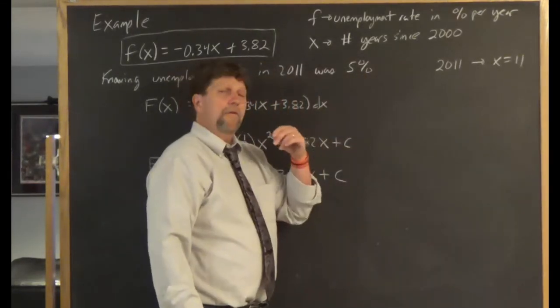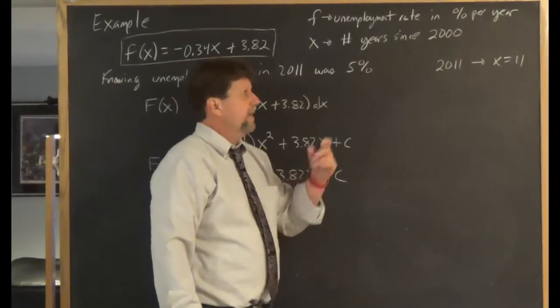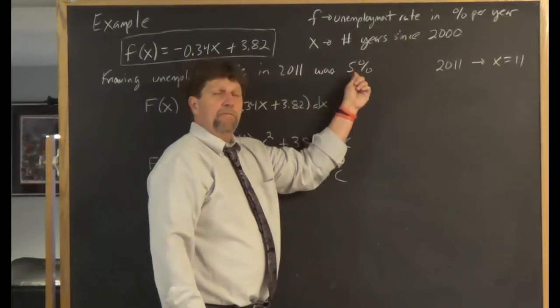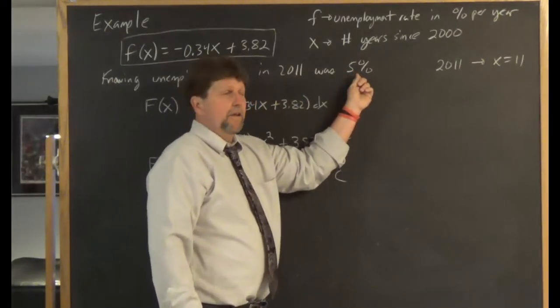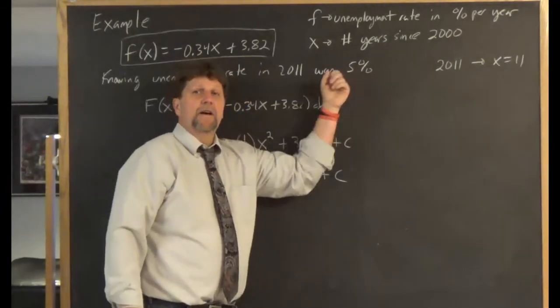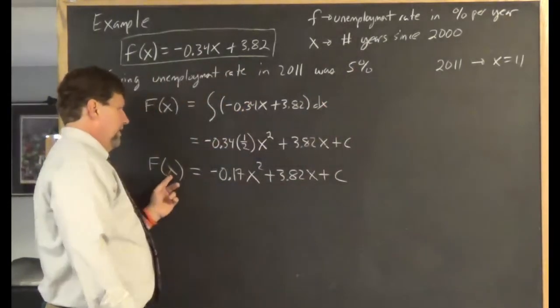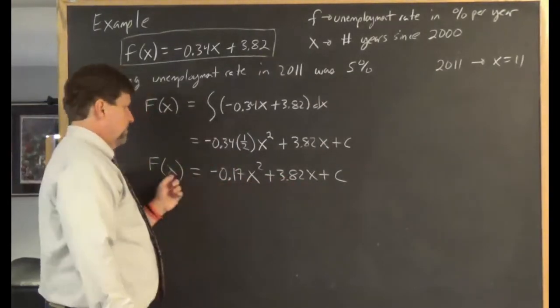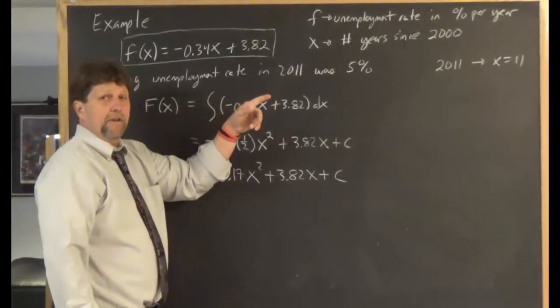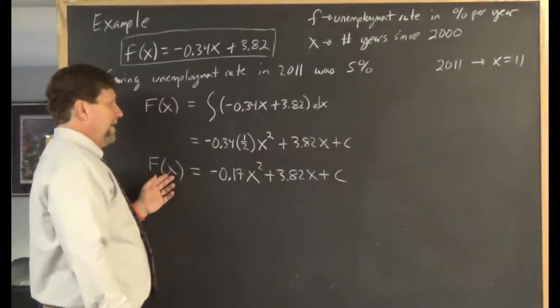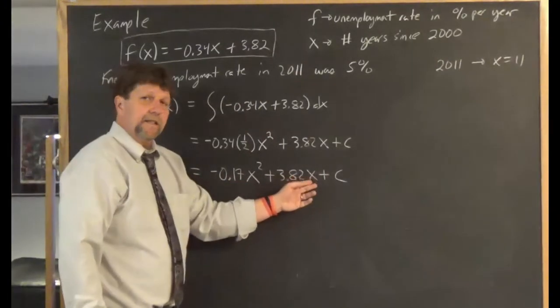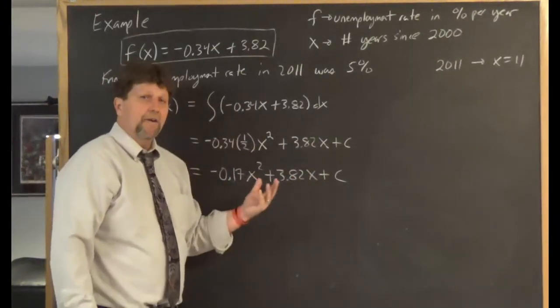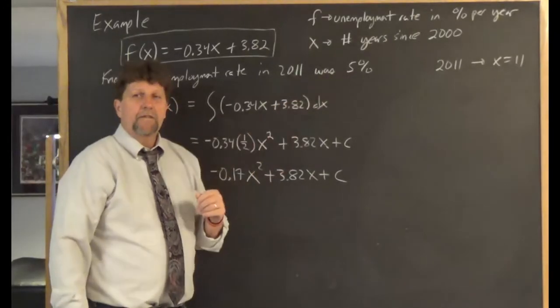We know the unemployment rate in 2011 was 5%. So when I toss 11 in for my x, because x is the number of years since 2000, what has to come out is 5.